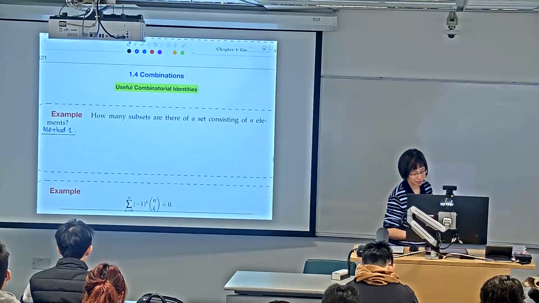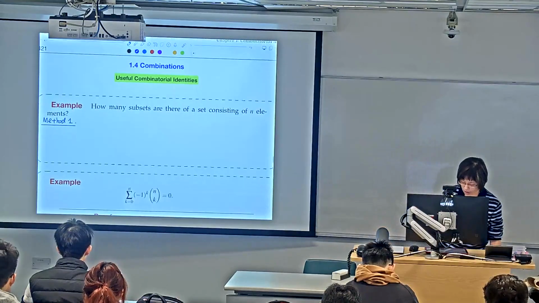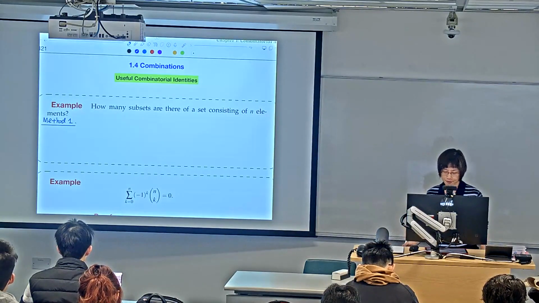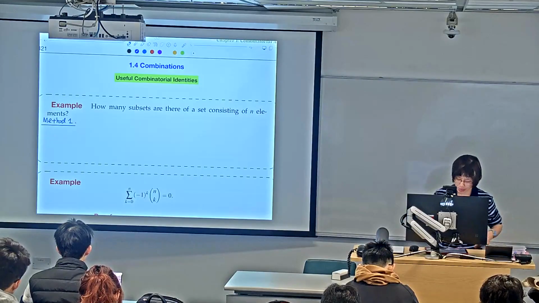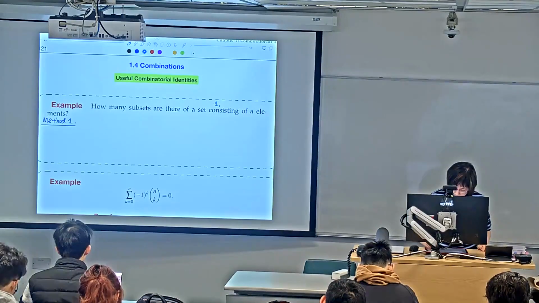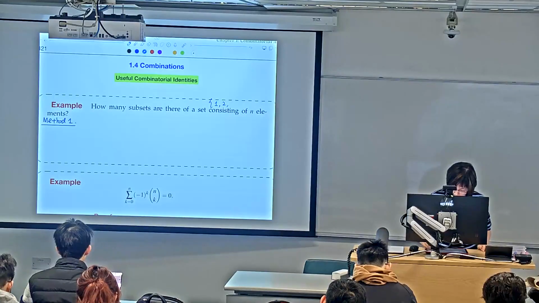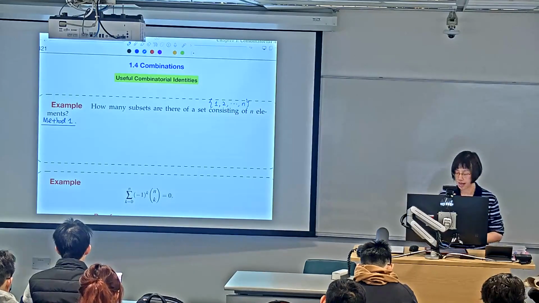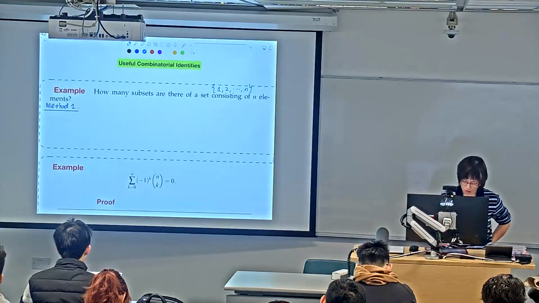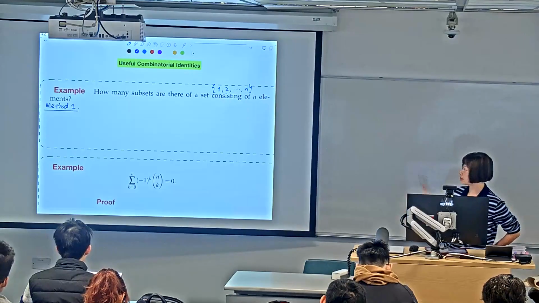We count directly how many subsets there are of a set with n elements. So we can think of choosing subsets from the set composed of 1, 2 to n, these n numbers. So we count in terms of the size of subsets.